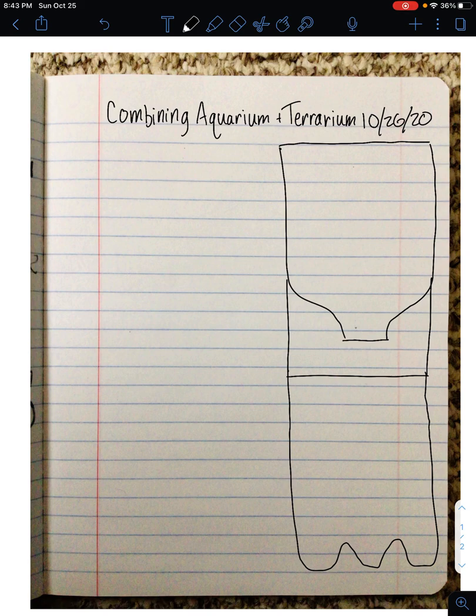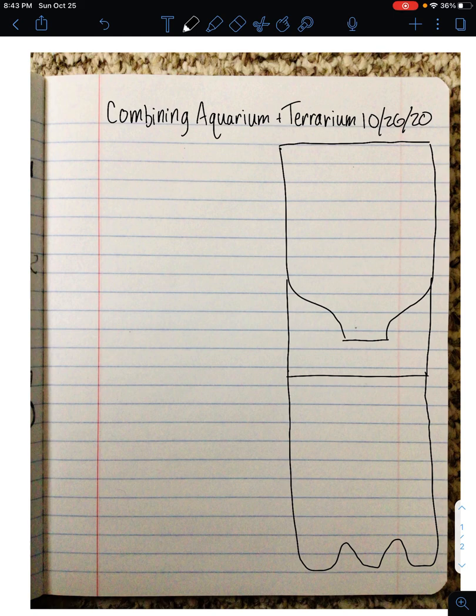We will be using it for our observation drawing. Once you have your page looking the way that mine does, we are going to record a few things on the left-hand side that will show our learning and our thinking in regards to this combined ecosystem.